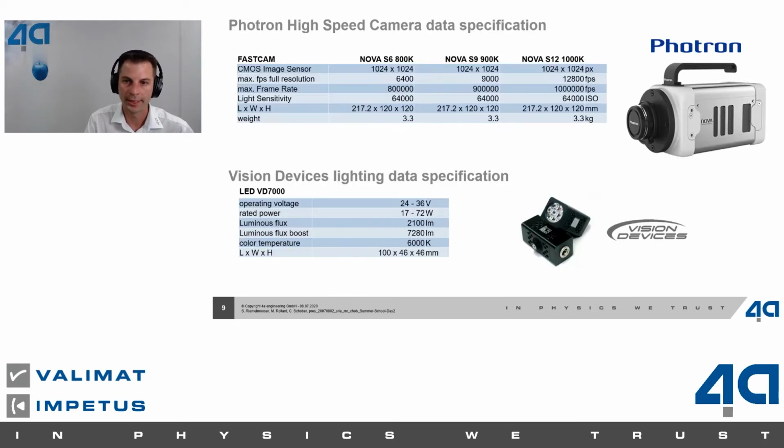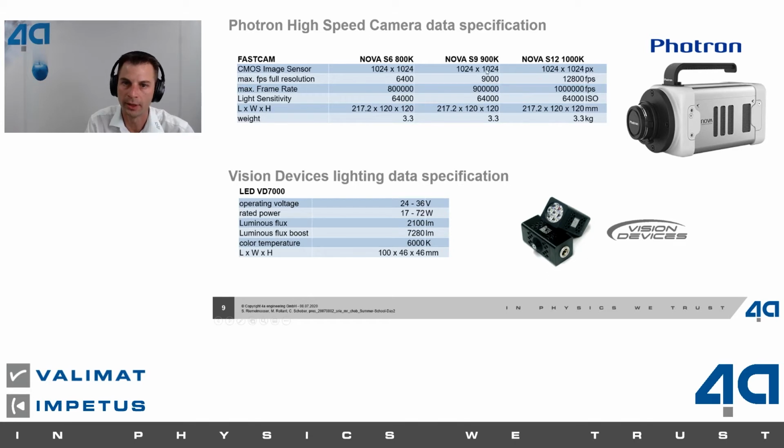The next step is that we have also the possibility to mount a high-speed camera, which is also integrated in our hardware and software. Here we have done different setups from the NOVA system, from the producer Photron. We are mainly using in our testing lab the NOVA S9.